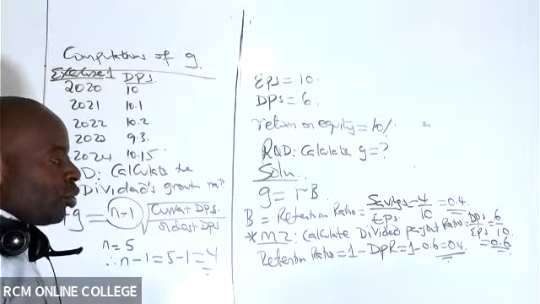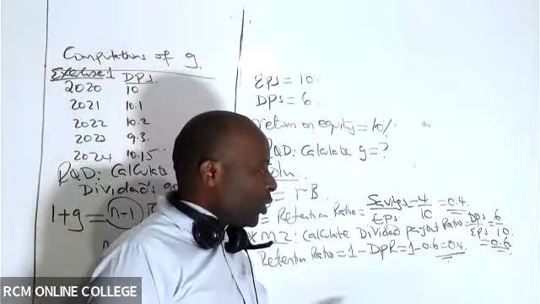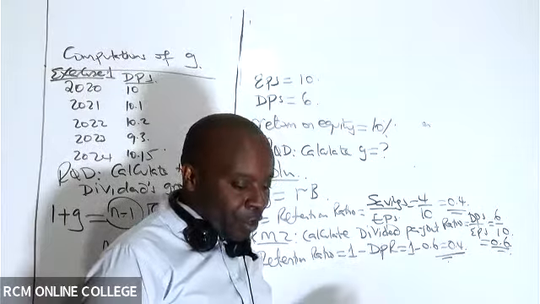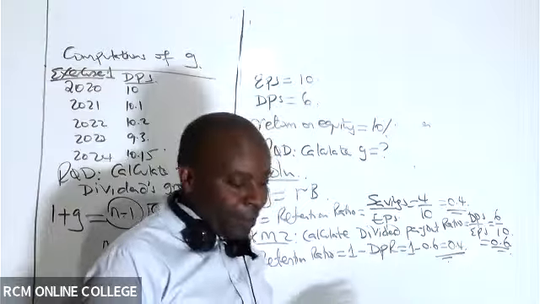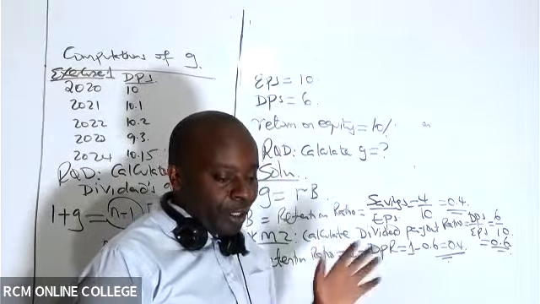So the retention ratio will be 1 minus the dividend payout ratio. So 1 minus 0.6 gives me 0.4, which is 40%. Up to here, are we somehow together?